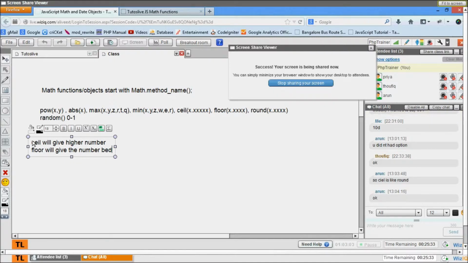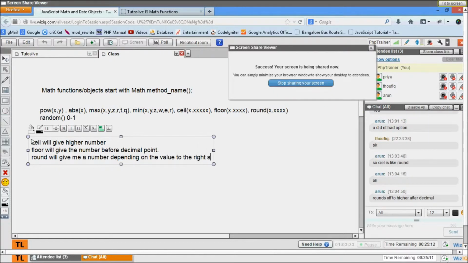Whereas round will give me a number depending on the value to the right side of the decimal point. Right, exactly. It rounds off to the higher or lower. It depends upon the number after the decimal point.